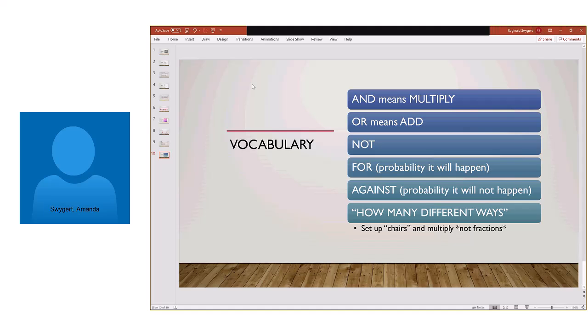I'm going to give you another minute. Just make sure that you have all those terms down and the little summary that we just went through of each one, and then we're going to try some of the math that goes along with this: multiplying fractions, adding fractions.